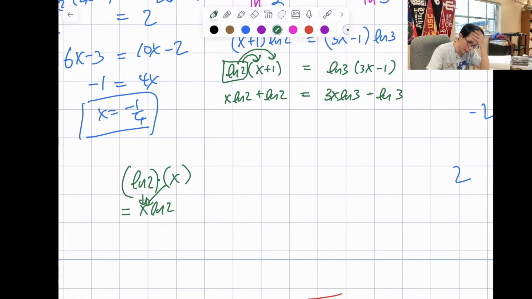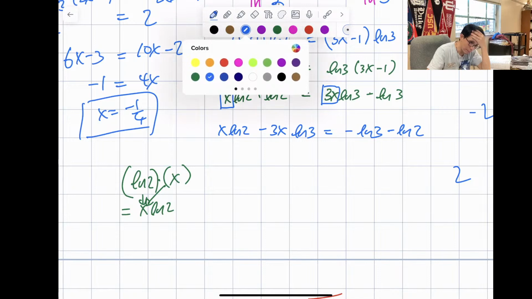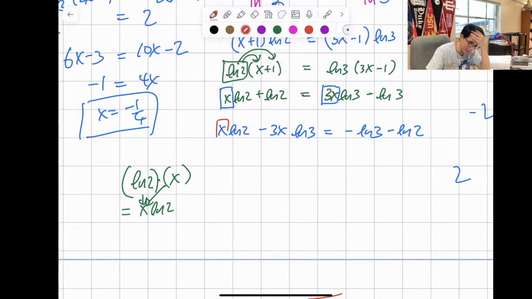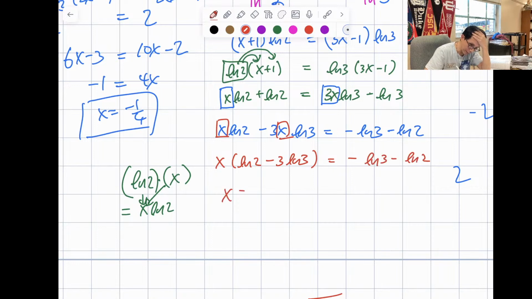Now I want to solve for x. So that means I need to get x by itself. So I'm going to move everything to this side, and move everything to the other side. Now, since they both have an x, I can take this x out. I can factor out, and I can divide it over.